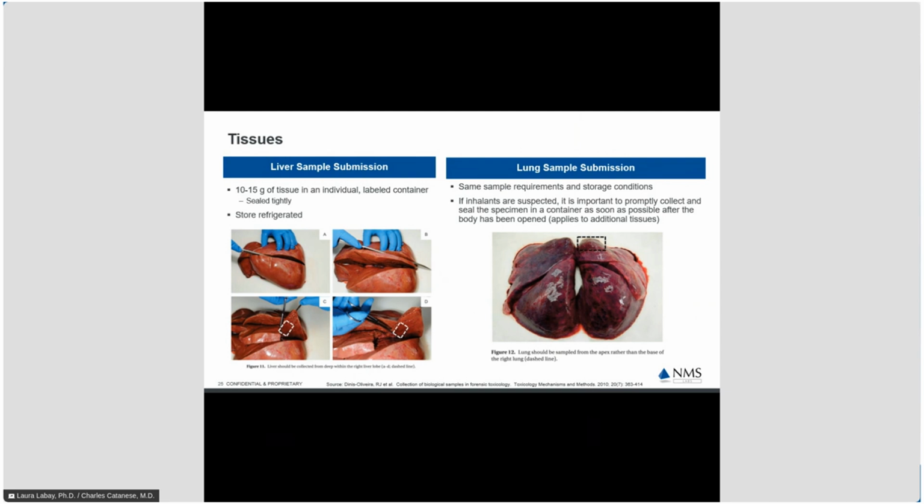If the liver contains a tumor, you don't want to submit the tumor. You want the area of the liver that is just liver. If there's an abscess, you don't want to submit the abscess. And the same goes for the kidney, and the lung and the spleen.